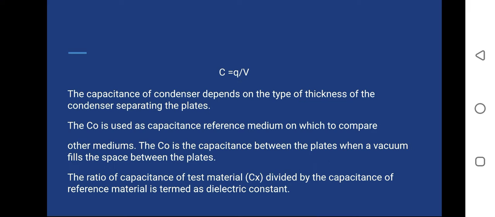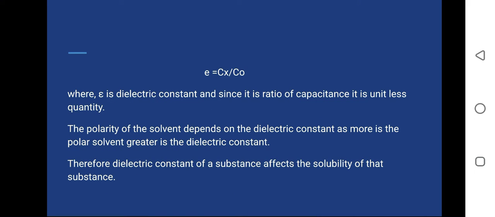The ratio of the capacitance of the test material Cx divided by the capacitance of the reference, C0, is termed the dielectric constant. So we can write epsilon equals Cx upon C0, where epsilon is the dielectric constant. Since it is a ratio of capacitances, the dielectric constant is a unitless quantity.